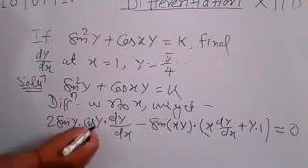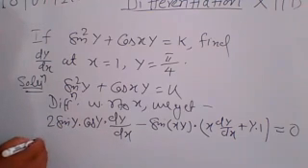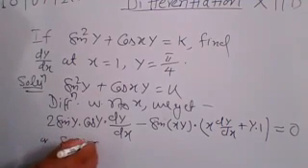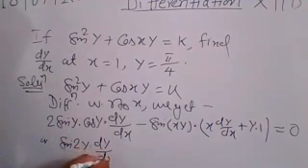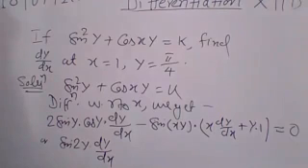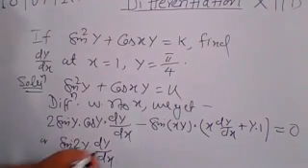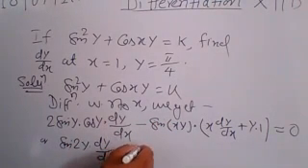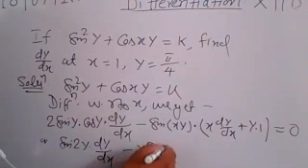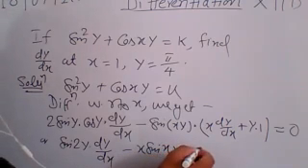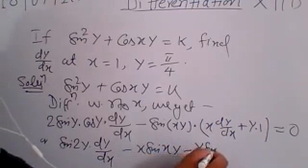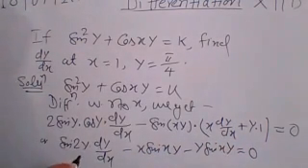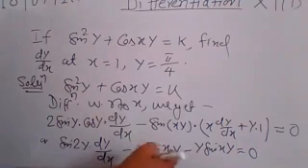And 2 sine y cos y can be written as sine 2y. So write sine 2y into dy by dx, and here multiplying, you have minus x sine xy and minus y sine xy, equal to 0. The dy by dx term is also there, with a minus sign.